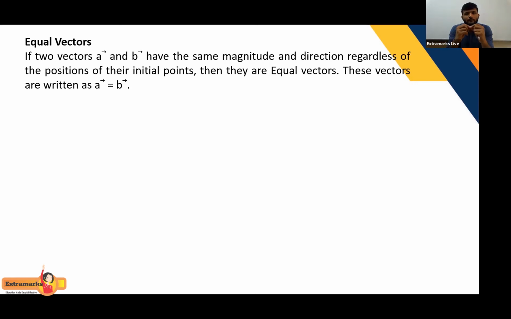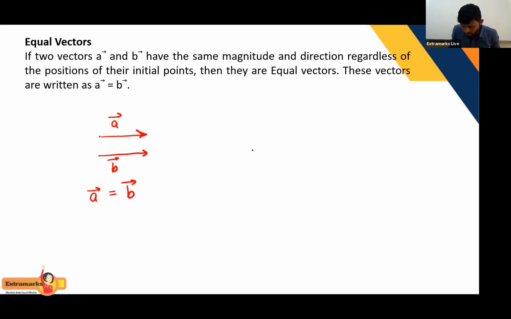That's why when you are equating two vectors, you have to take care of their magnitude, that is their length, as well as their direction, that is the arrowhead. So if I draw vector A and vector B with the same length, I can write the magnitude of A equals the magnitude of B, and the directions are the same. That's why I can write A and B are equal vectors.